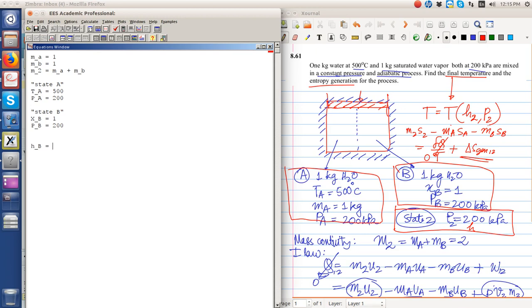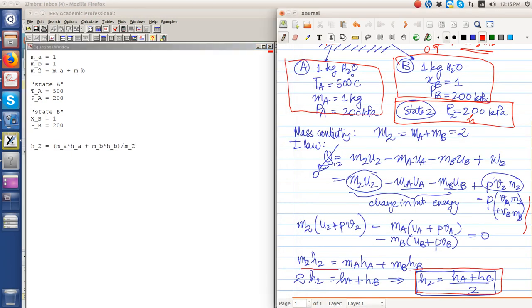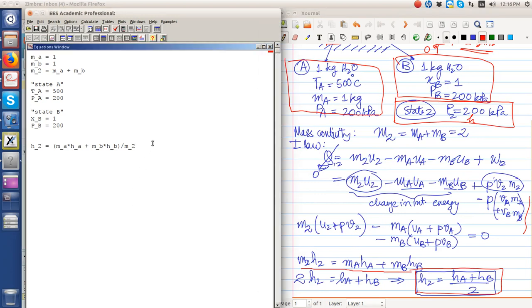So H2 is equal to MA times HA plus MB times HB, divided by M2. This is the equation that we had derived. HA is the enthalpy of steam at T equal to TA, P equal to PA.